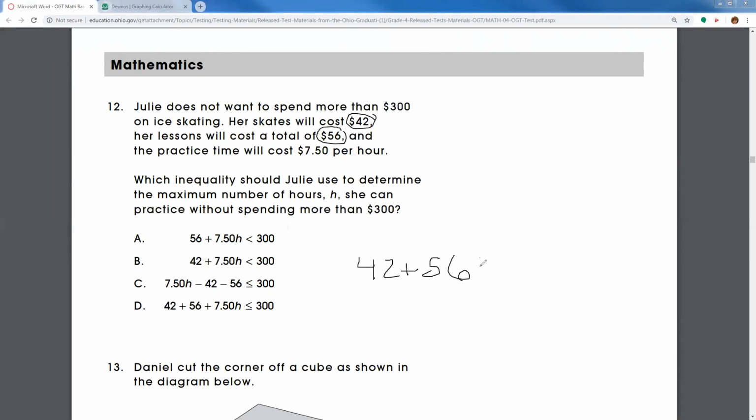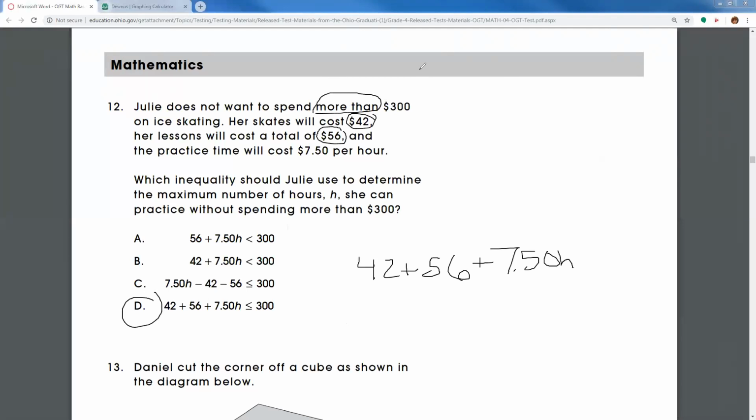So you got to go times a letter, and they're probably going to use H for hours. Even if we don't know exactly what the more than means, there's only one expression that matches this. I have to add it all together. What's our answer? It would be D. That's the only one that makes sense.